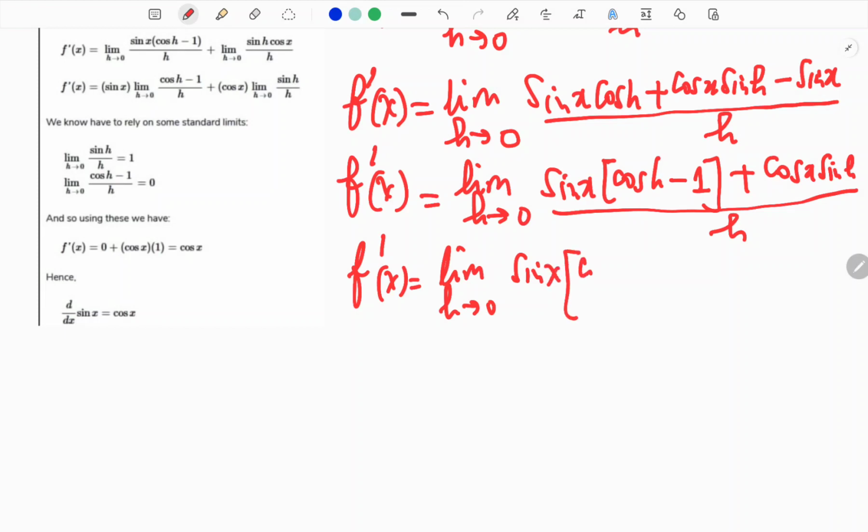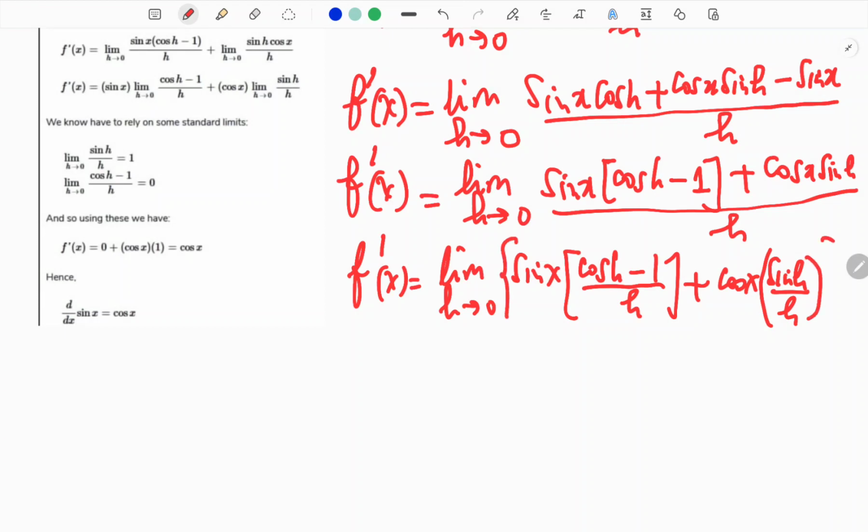We group the h terms together, so you'll have the cosine h minus 1 divided by h. Then we have cosine x, which is the sine of h over h. So we have this. So you have f prime of x.